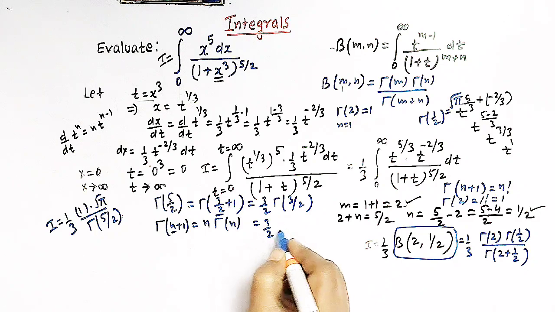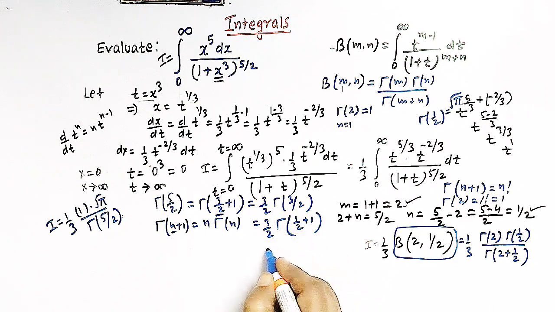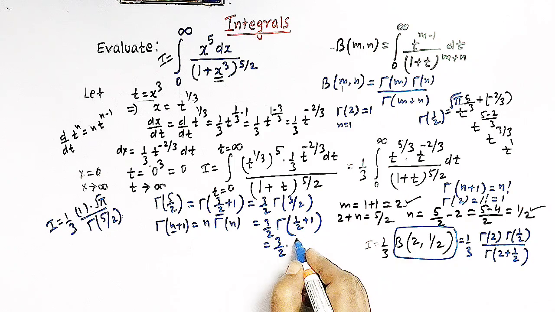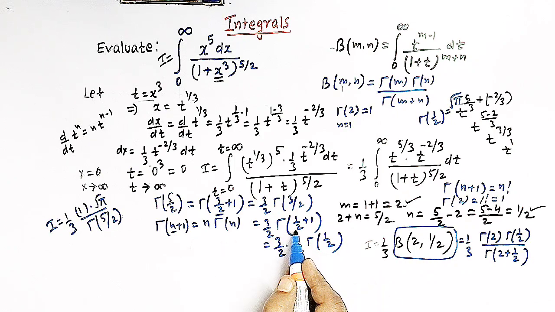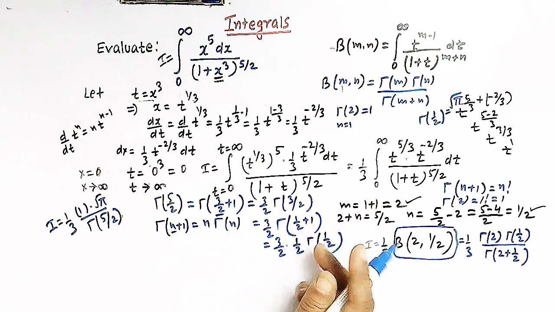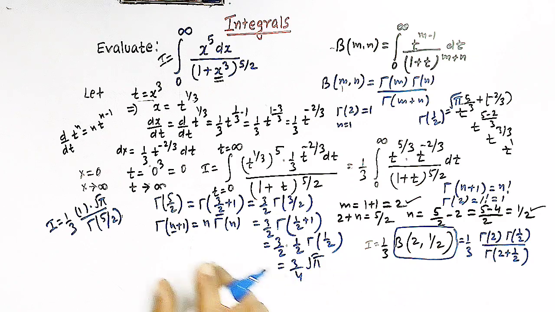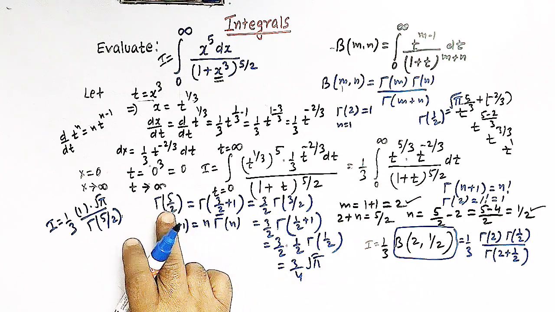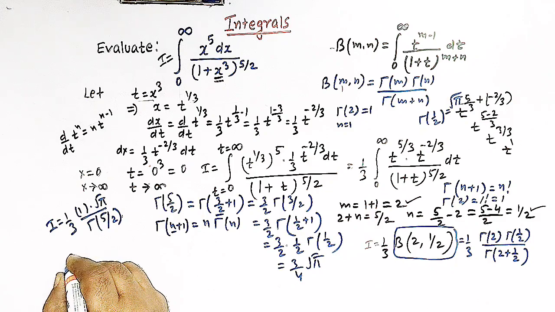And further we can split 3 by 2 as half plus 1. So now we have 3 by 2 times half times gamma half. So again applying this result to this expression, we have 3 over 4 gamma half, and gamma half is square root of pi.